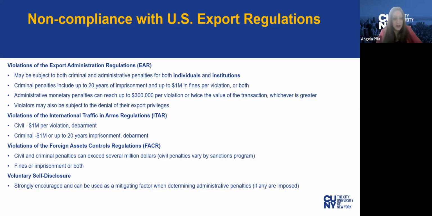So we want to do our best to prevent any unauthorized export releases. So if anything does happen, please, the best way is to self-disclose voluntarily. Usually when this is done, it's used as a mitigating factor, and we can help to reduce the penalties, if any, that are either towards the individual at CUNY, the institution, or both.